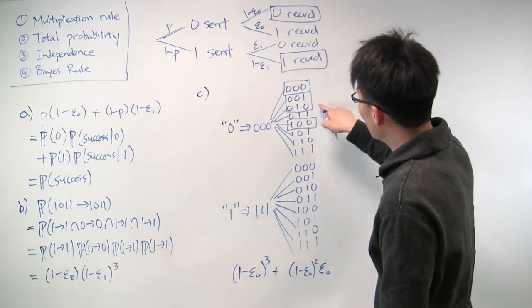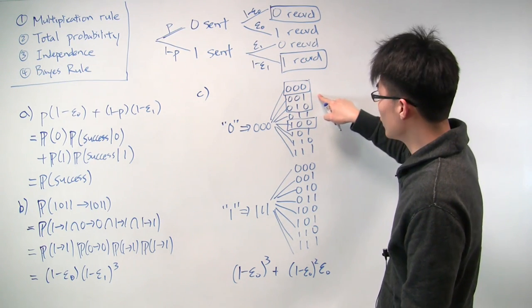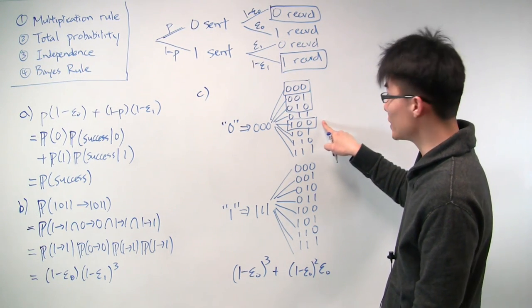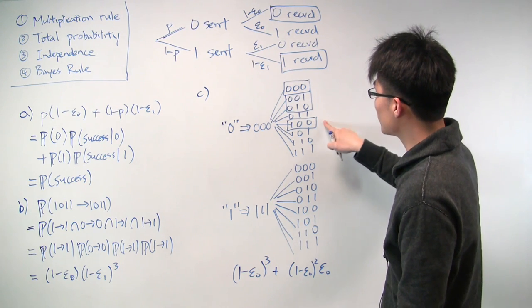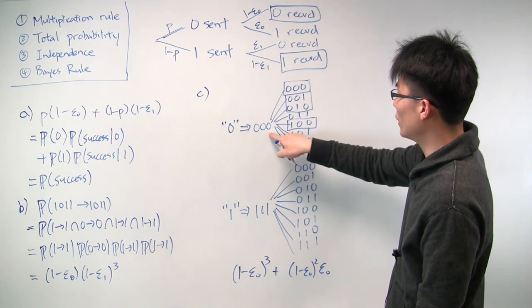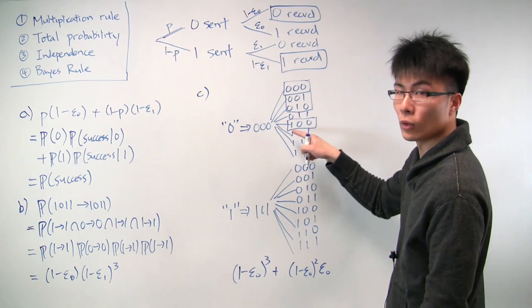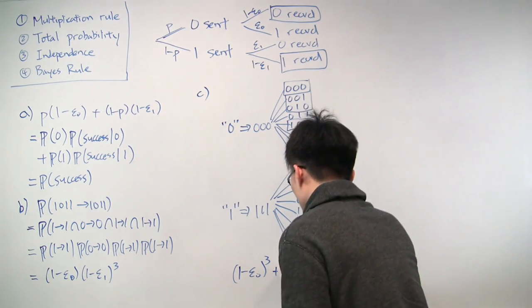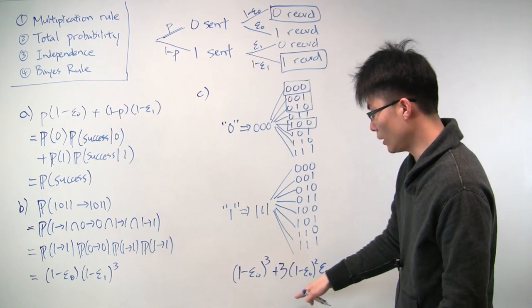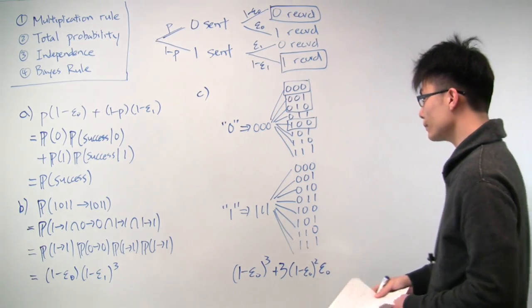And if you think about it, that was only for this case, 001, but the cases for 010 and 100 are the same, because for all 3 of these, you have 2 successful transmissions of zeros plus 1 that was corrupted with noise. And so it turns out that all 3 of those probabilities are going to be the same, so this is our final answer for this part.